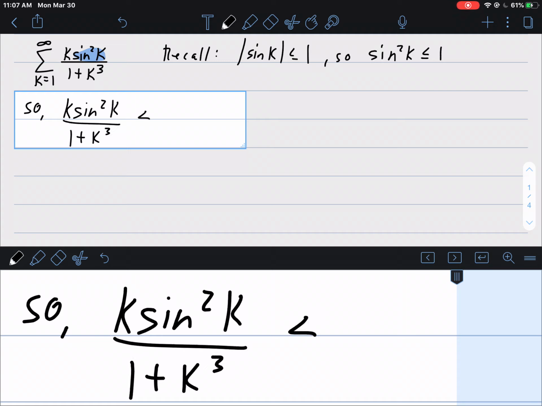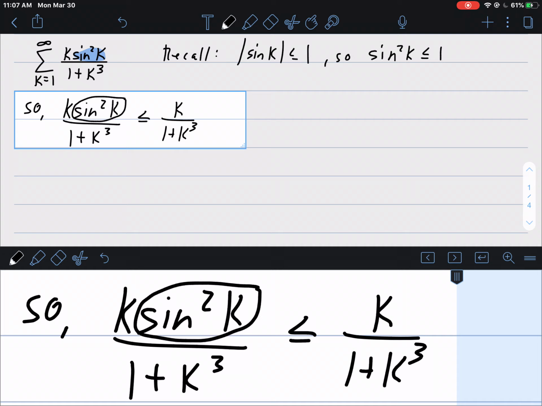We know that this has to be less than or equal to k over 1 plus k cubed, right? Because this is less than or equal to 1 times k over 1 plus k cubed, it is going to give me something smaller than that.